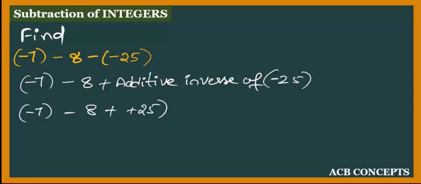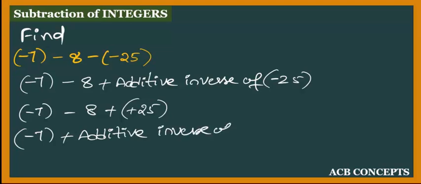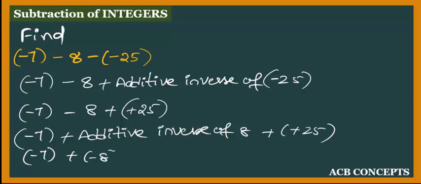So minus 7, instead of this minus I write plus the additive inverse of 8, that is minus 8, plus 25.